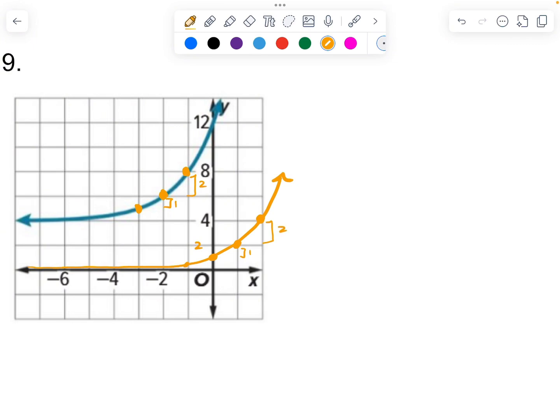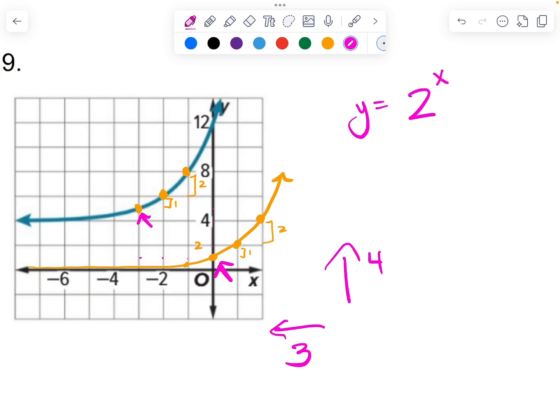So this point right here corresponds to this point right here. So what did it do? It went to the left 1, 2, 3 times. So it went to the left 3. How much did it go up? It went up 4 times. So y equals 2 to the x plus 3, and then a plus 4 out there.